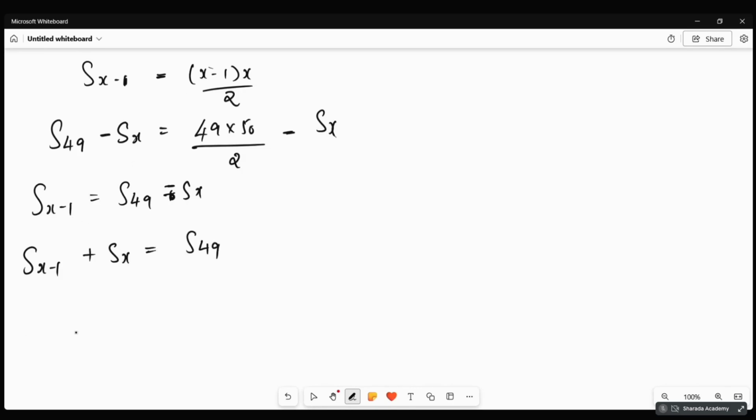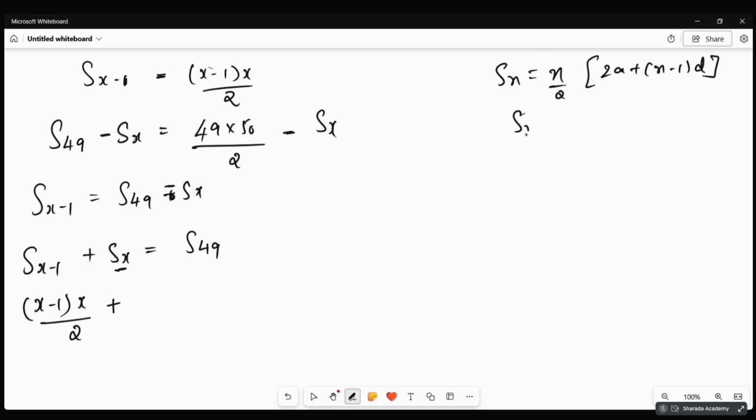So what is Sx minus 1? (x minus 1) into x by 2 plus what is Sx here? Sn is equal to n by 2 into (2a plus (n minus 1) into d). So Sx will be equal to x by 2 into (2 plus (x minus 1) into 1).